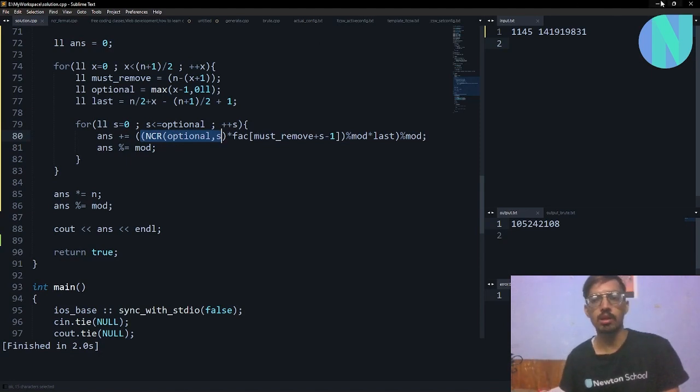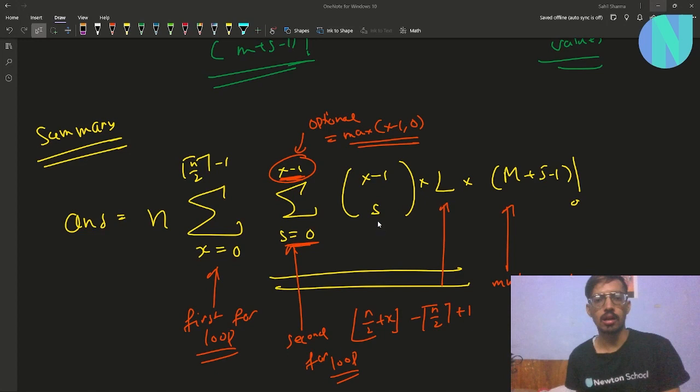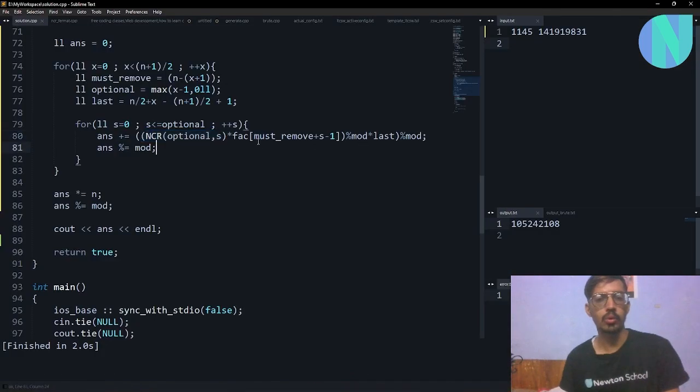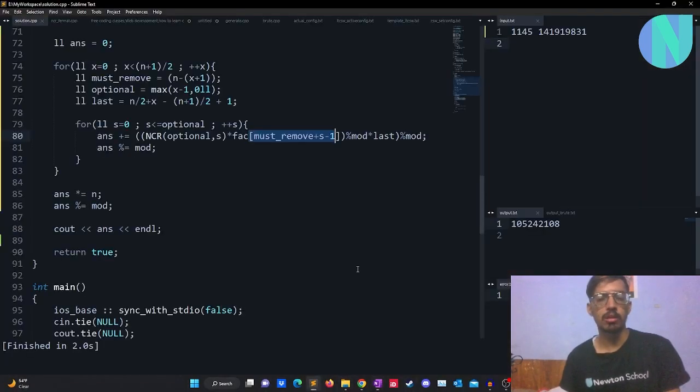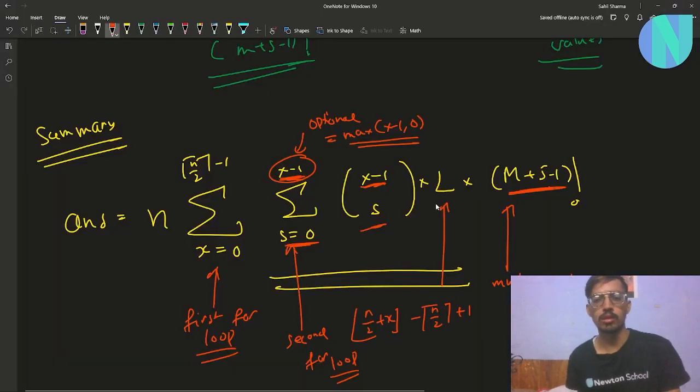So the number of ways to do that are NCR of x minus 1, s, then into factorial of must remove plus s minus 1. So this is into factorial of m plus s minus 1. Then into number of last possible pegs. So this is the last value. So into L, the number of last possible pegs.